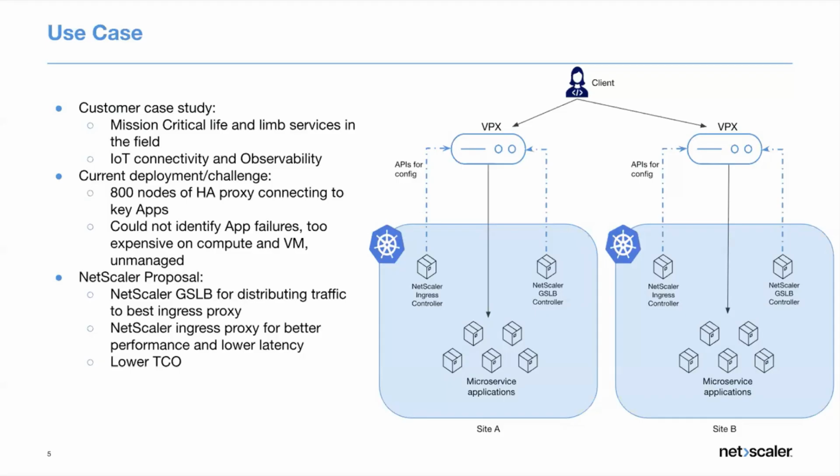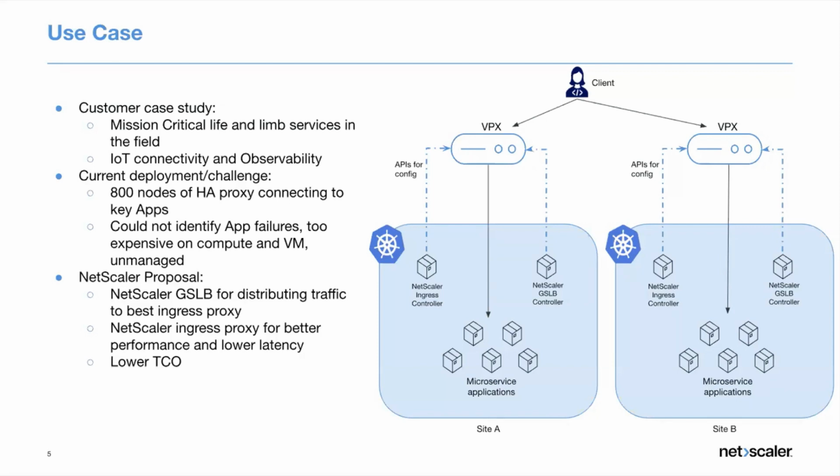So we provided our value proposition, GSLB. We did a POC, and then we could show exactly where the problem is, and how efficiently we can do the transition when there is a failure on one side to the other. So that helped this customer.